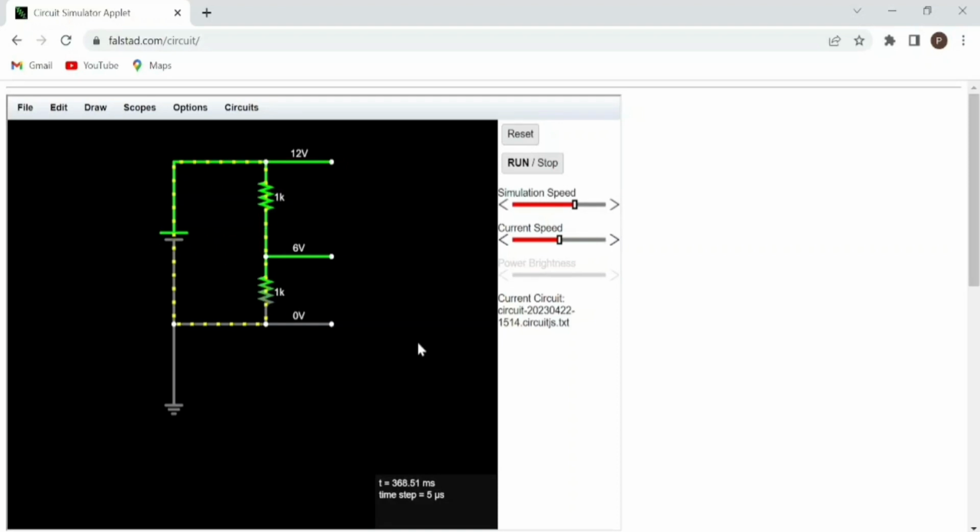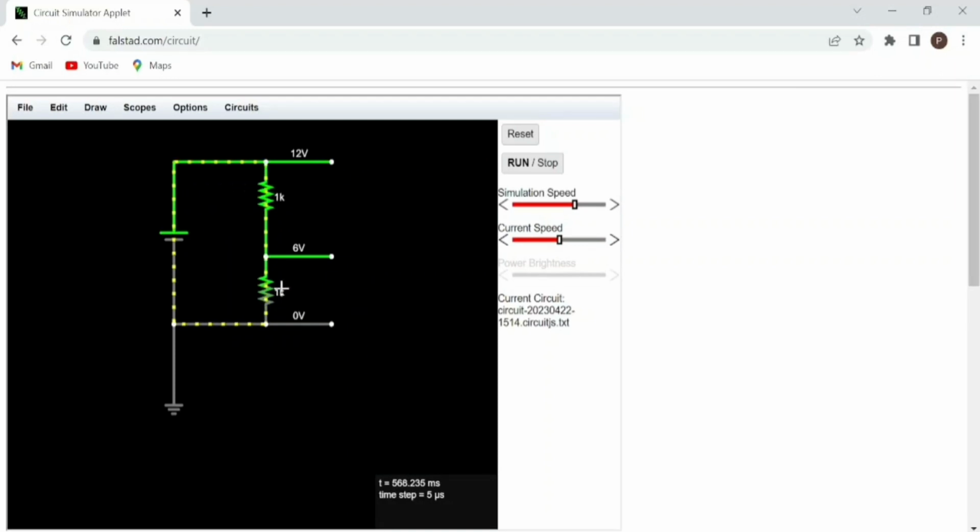Here, what voltage division says is that whenever you have two resistances, or any two components, in series and you apply a voltage source across them, the voltage gets divided in the ratio of this resistance to this resistance.